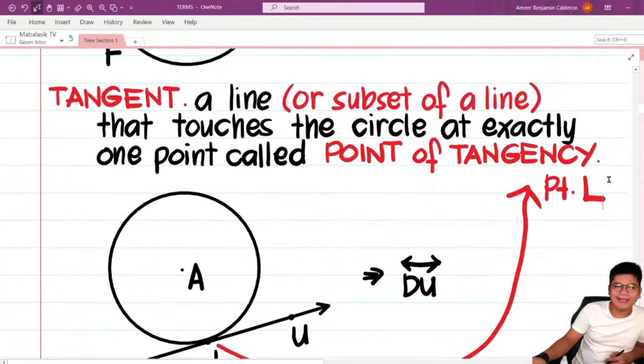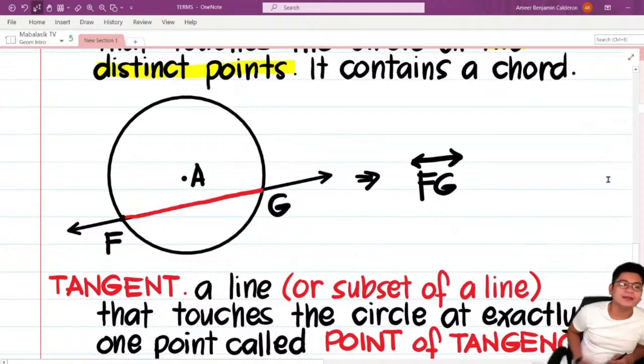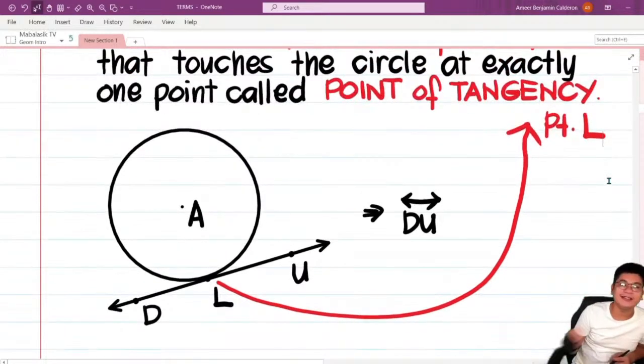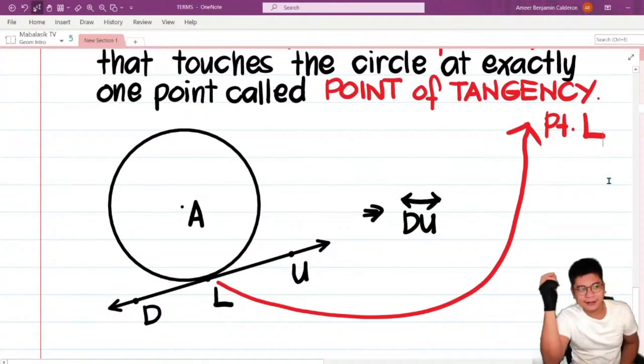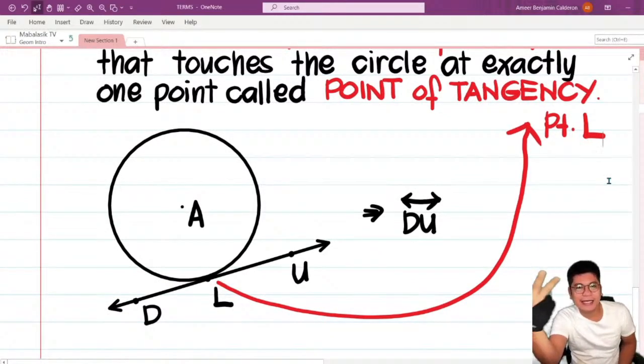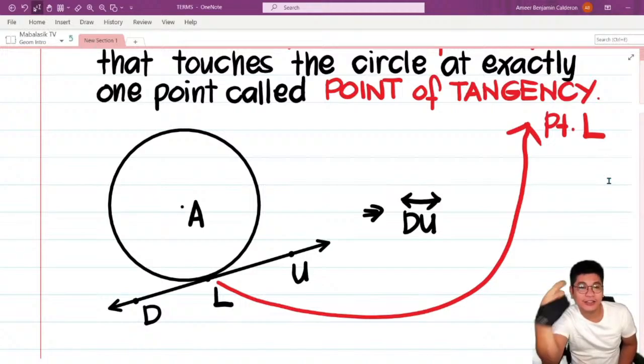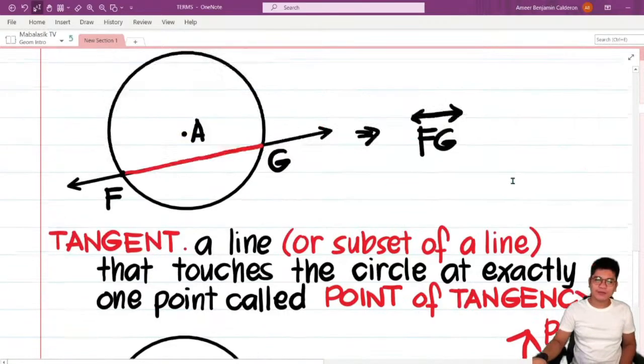So yung basic fundamental difference between a secant and a tangent is that a secant touches the circle at 2 points. A tangent touches the circle at just 1 point. And that 1 point is called the point of tangency. So let us review.